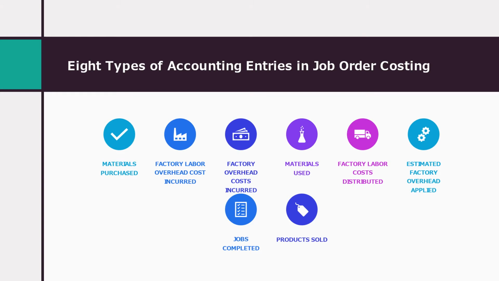So more or less, as we go on further about this topic, you will see that this is more likely similar to the normal flow of manufacturing processes, and more or less the differences would lie under the factory overhead part.